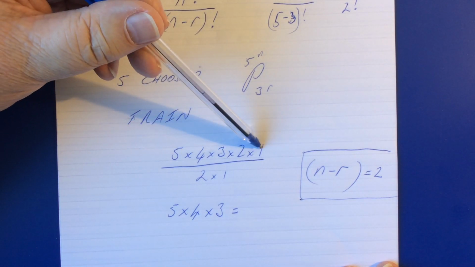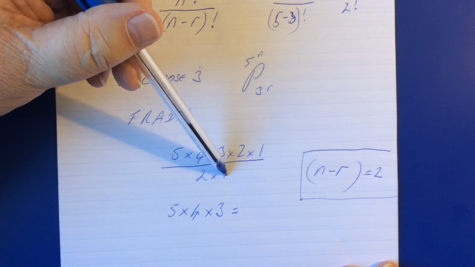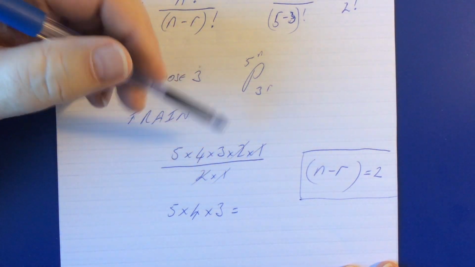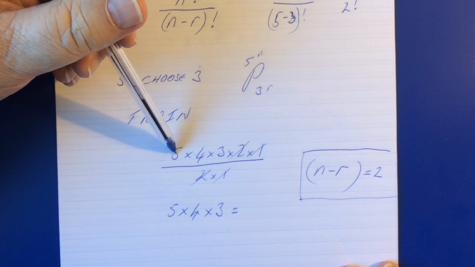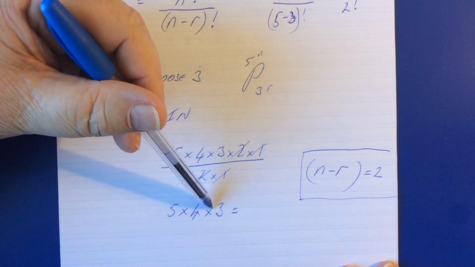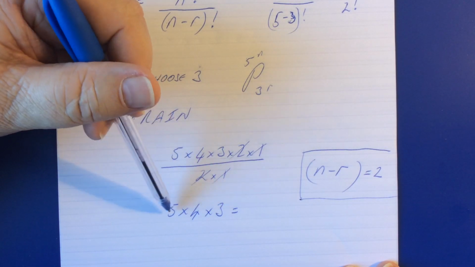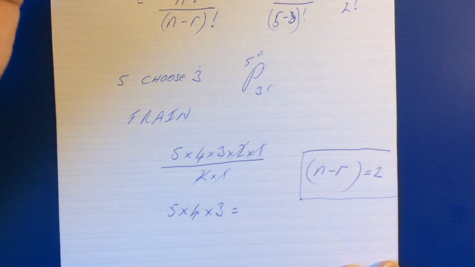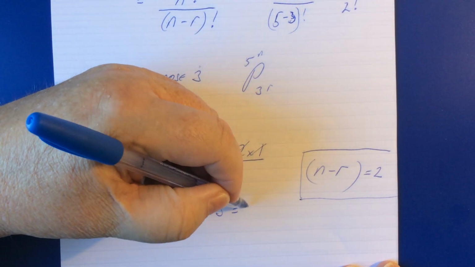Okay, so we set this up. We've got 5 factorial divided by 2 factorial, which leaves us 5 times 4 times 3, which I've got here set up. 5 fours are 20, as we saw on the previous page. 20 times 3 is 60.